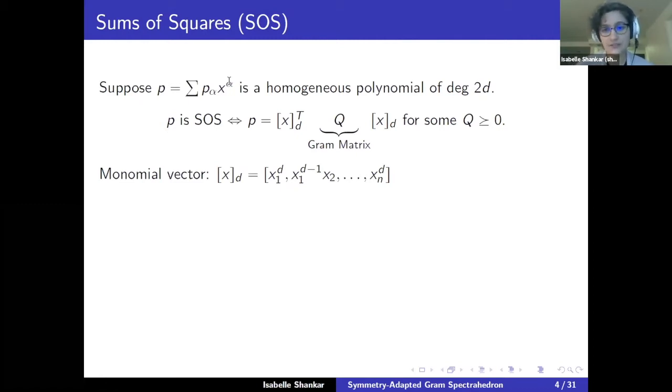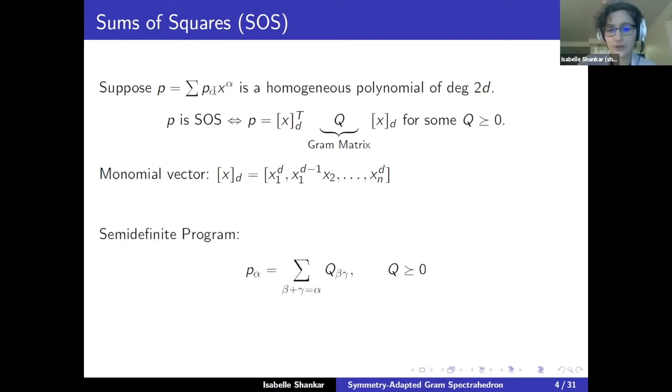And so what we're actually boiling down the problem to is a semi-definite program, because we're searching over the cone of positive semi-definite matrices subject to these linear constraints, where we have p_alpha, the coefficients of the polynomial p, equal to some linear combination of the unknown entries of our matrix Q.